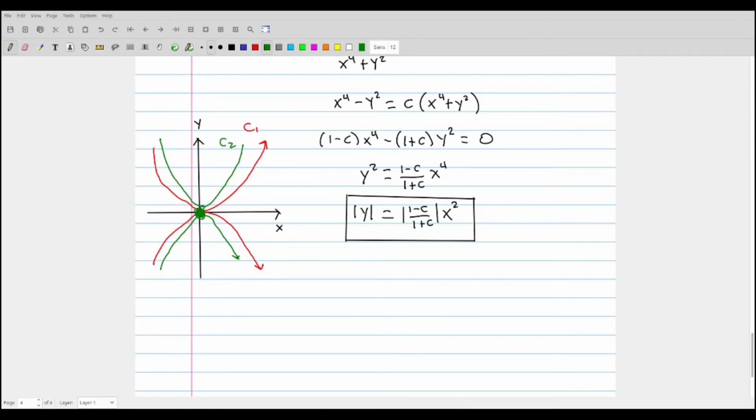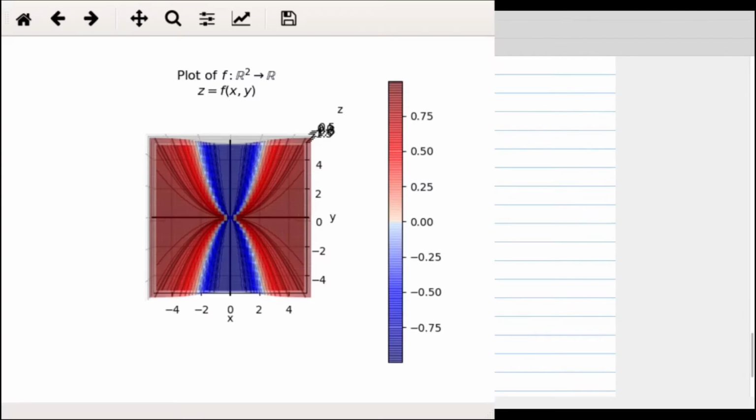And to see this, we can go through and use our graphing program again, our plotting program. So if I run the Python code, it takes a second to run. And we look at the image that we get when we do the Python plot here.